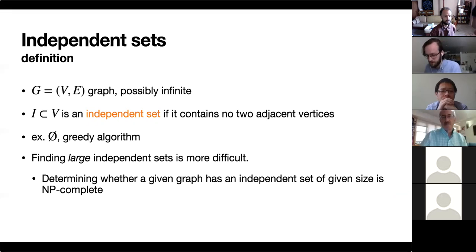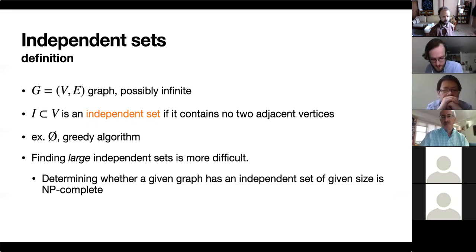That's not true, for example, if you're trying to two-color a graph. Coloring problems might not have a solution. It's not obvious that they have a solution.